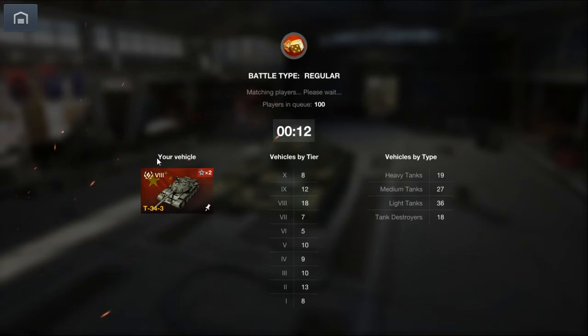Ping should be about 100 to 120. Let's see if we can get into a game.